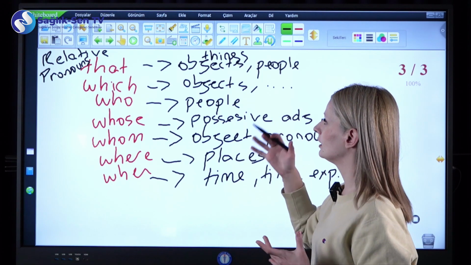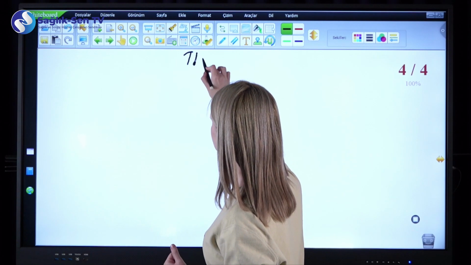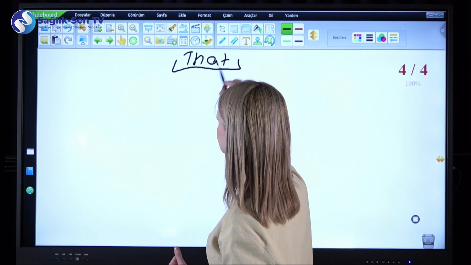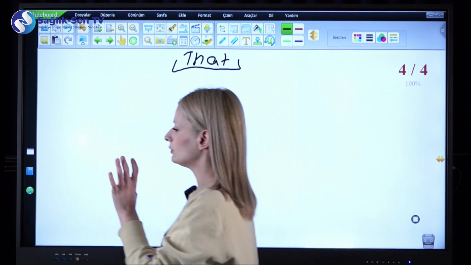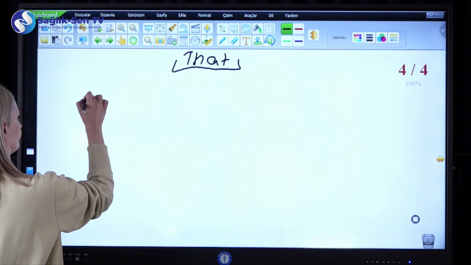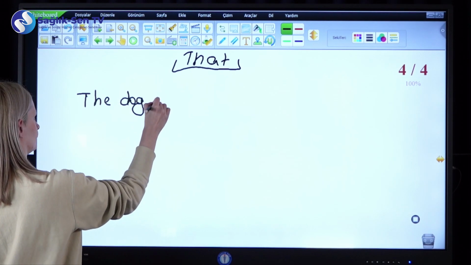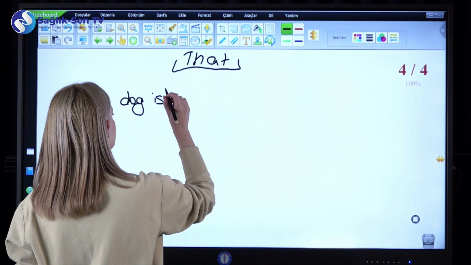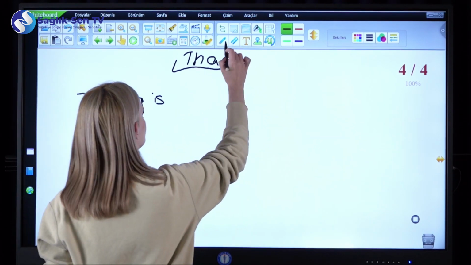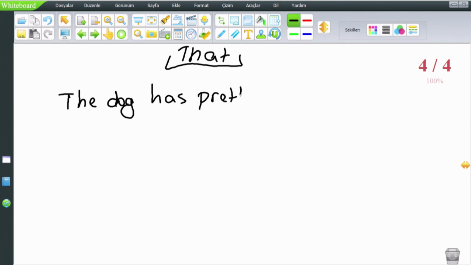Now let's examine them one by one. We have first that. Let's start with an easy example. The dog has pretty fur.